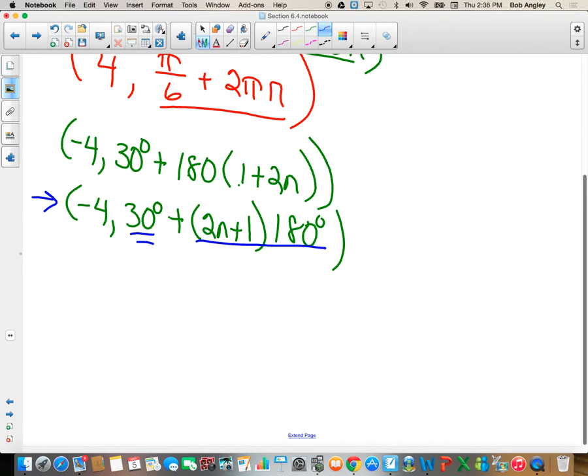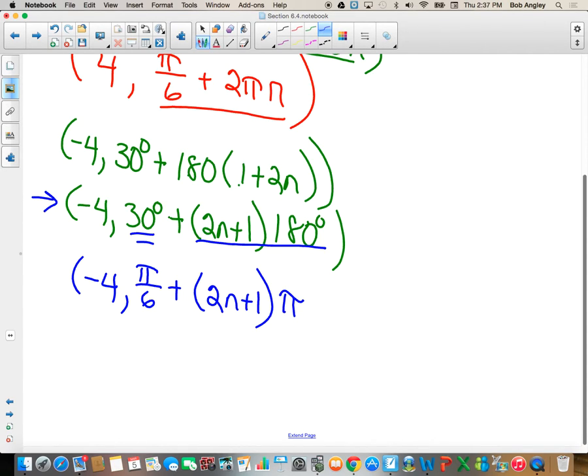If I want to make this radians, the 30 degrees was pi over 6, right? Now let's still keep that 2n or 2n plus 1, but in radians, what's 180 degrees? Pi. All right, pi.